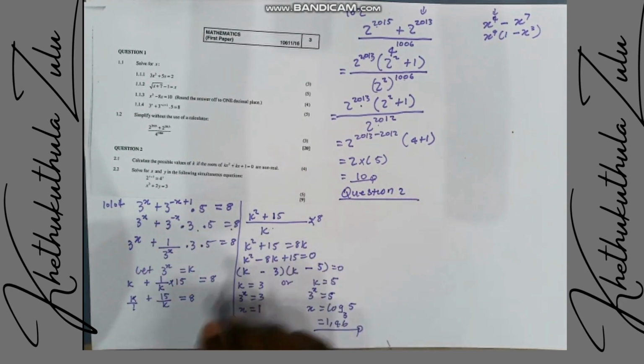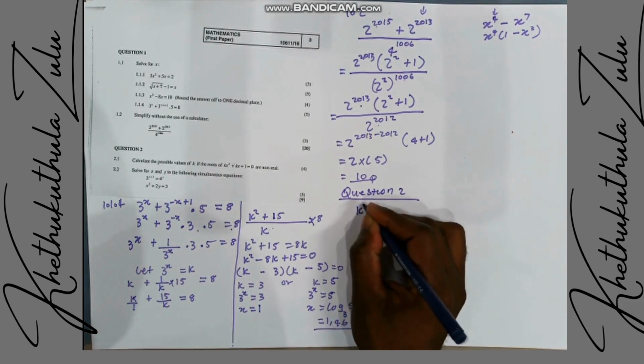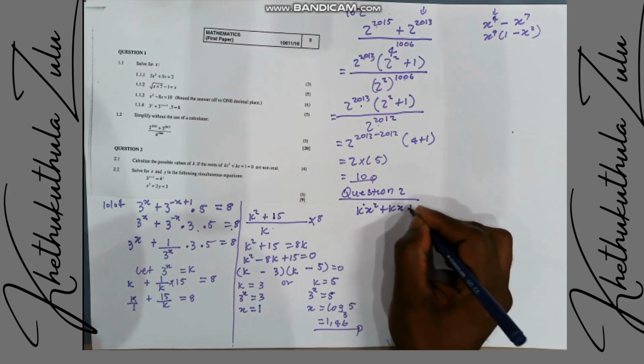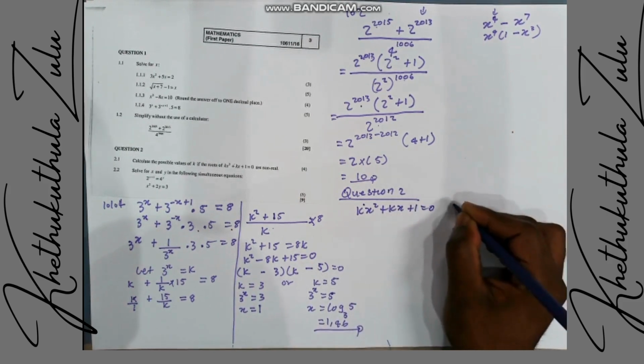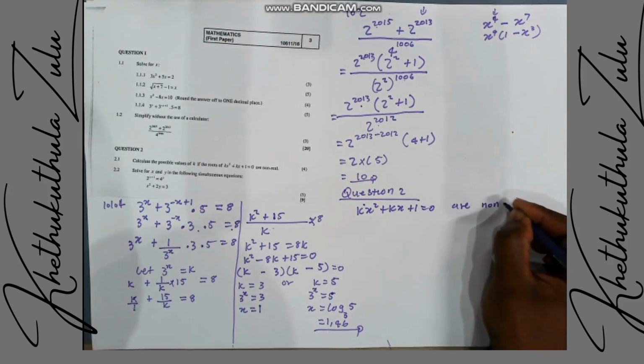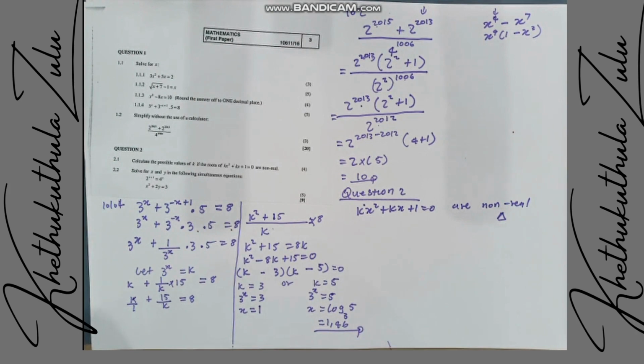This one, they are saying calculate the possible values of k if the roots of kx squared plus kx plus 1 is equal to 0 are non-real. So we must know if it's non-real, our determinant is equal to 0, is greater than 0, or is less than 0.